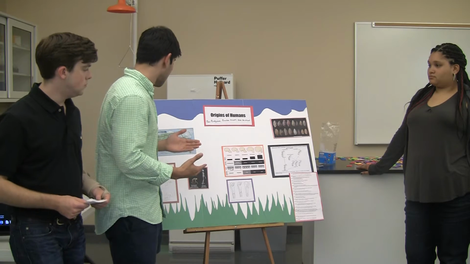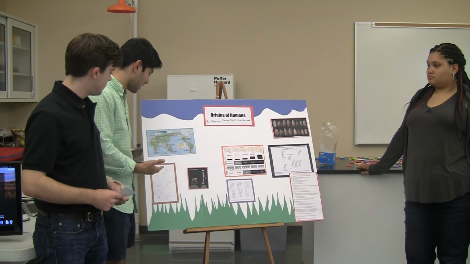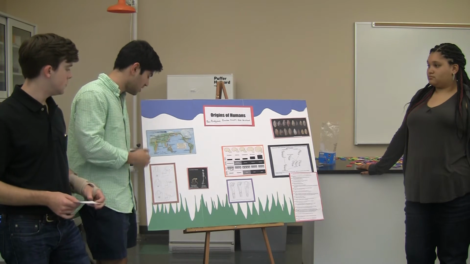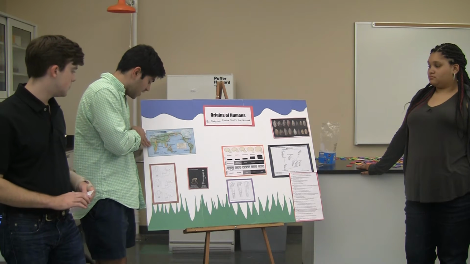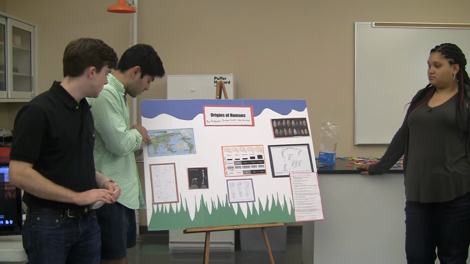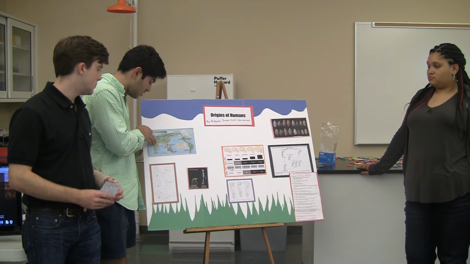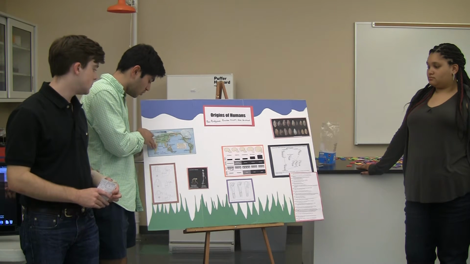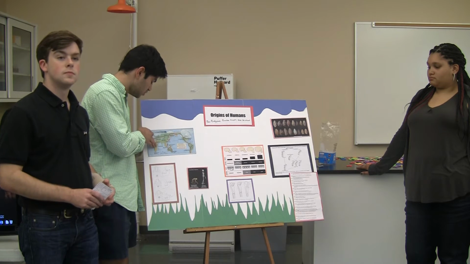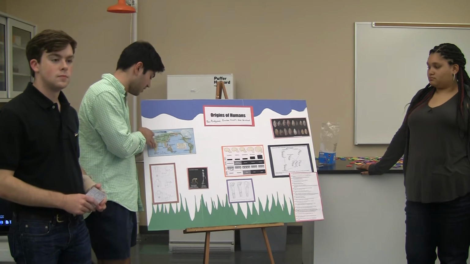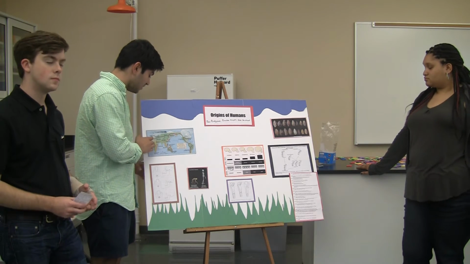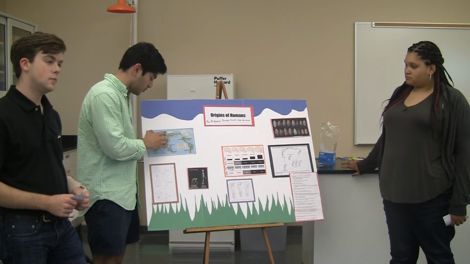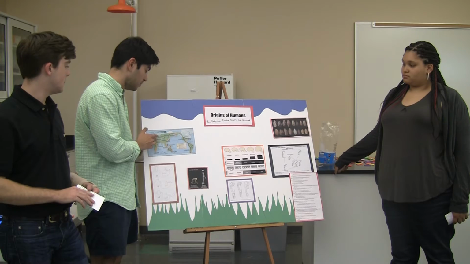Going back a little to the migration, as you can see from this map, they originated in East Central Africa, and a lot went toward the eastern area, like Kenya and Ethiopia, and they did migrate all through Asia and up through Europe.